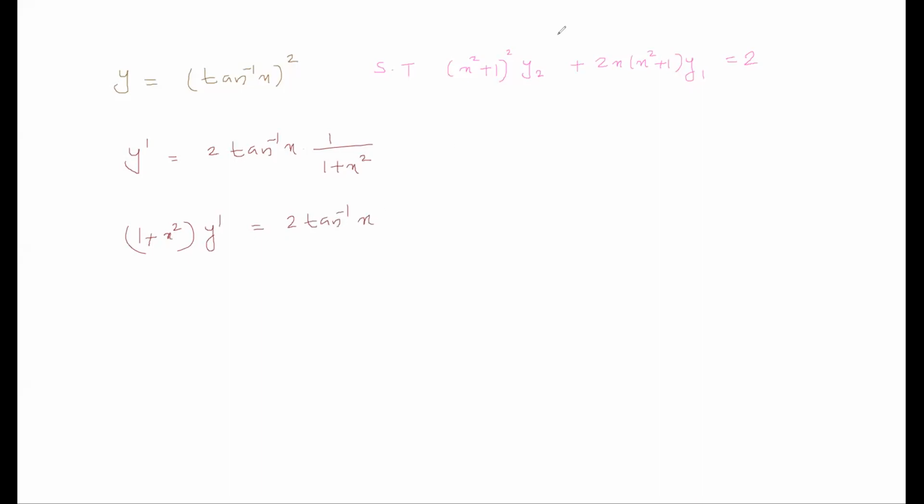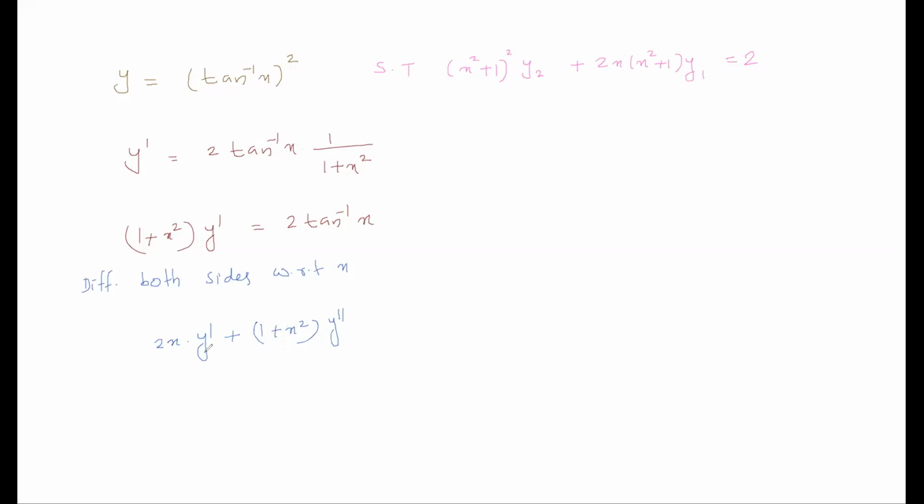Now again, differentiate both sides with respect to x. The left side is a product of two functions. So derivative of first, that is 2x, into second, plus first, that is 1 plus x square, into derivative of second. The derivative of y dash is the derivative of the first derivative, that is the second derivative.